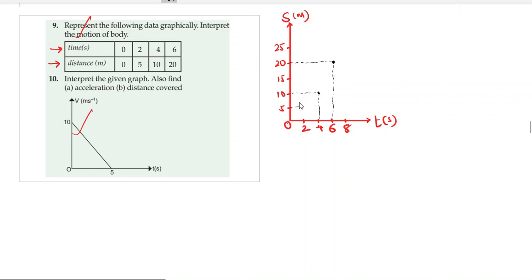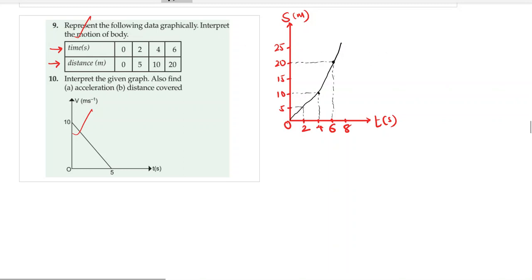Okay. So what you can do if you cannot draw a straight line? You can draw a curve. So it will go like this and like this. So this is not a straight line, it is a curve.